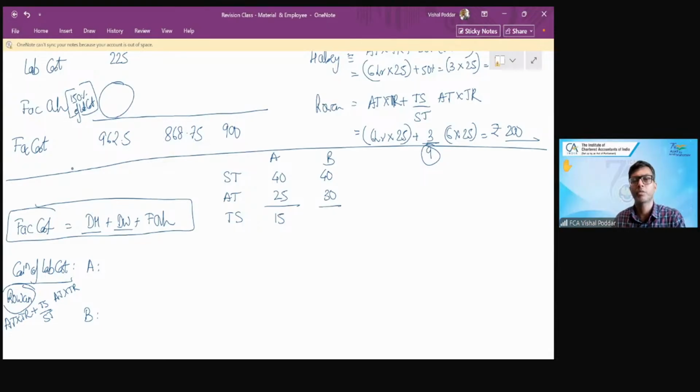So my time saved here is 15, and here it is 10. Now I apply the Rowan formula.